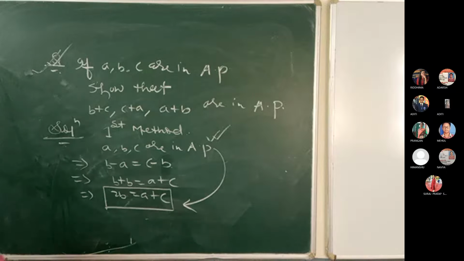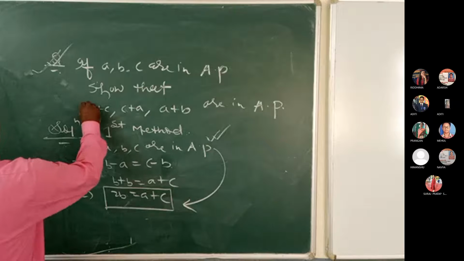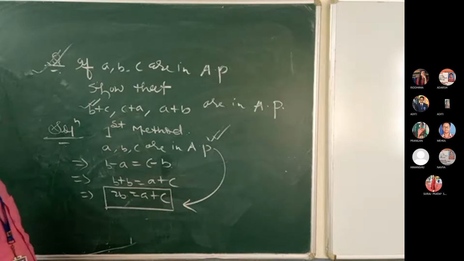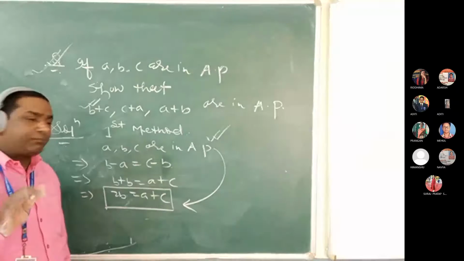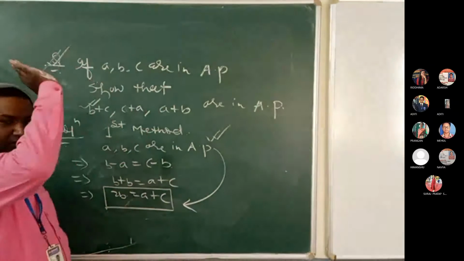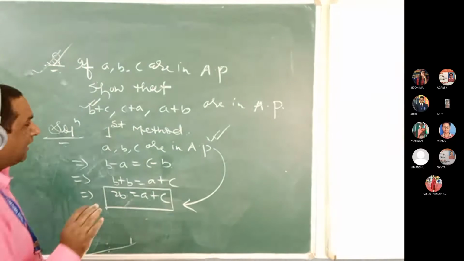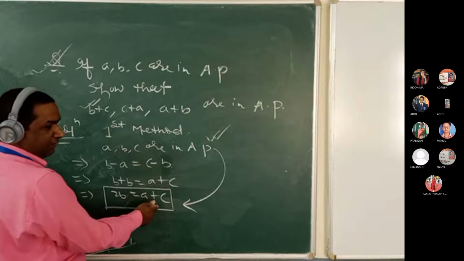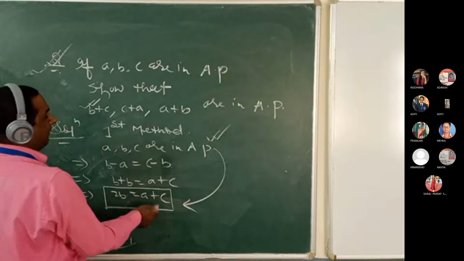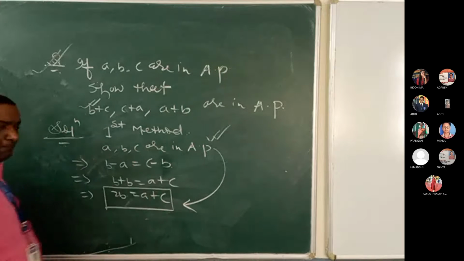Now, listen carefully. We have to prove this sequence, B plus C, C plus A, A plus B, is also in AP. Let me suppose that it is in AP. And if we prove the same result, then this sequence is in AP.